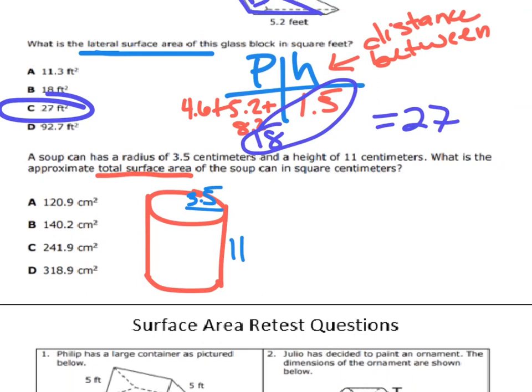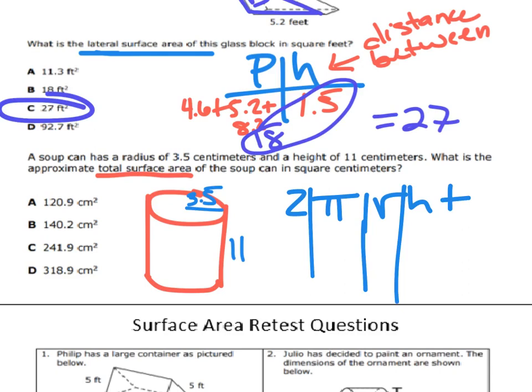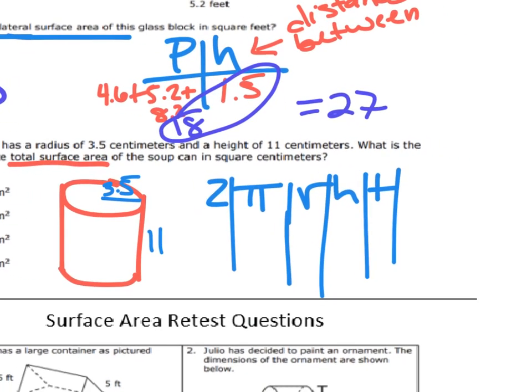Since this is a cylinder, I'm going to look under surface area for a cylinder and go to total. And I end up with 2 pi r h, I'm going to put that in our table, plus 2 pi r squared.